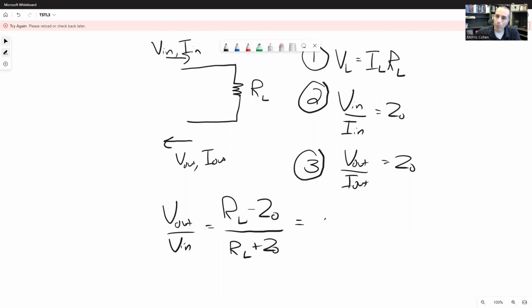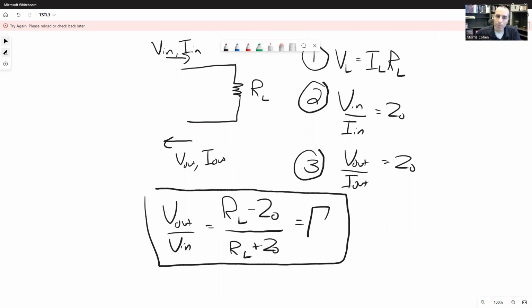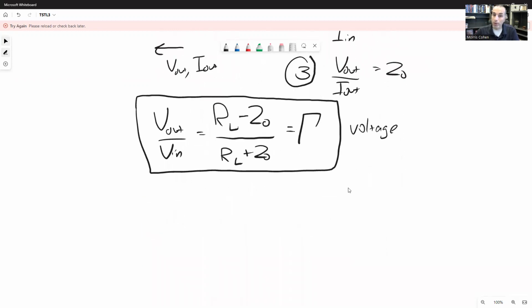This is definitely something worth memorizing. Again, this is the voltage reflection coefficient, usually denoted with a capital gamma. It works out to be the load resistance minus the transmission line impedance divided by the sum of those two. All right, this, again, is for voltage. If, by the way, you want to know what the reflection coefficient is for current, I'll save you the trouble of solving for that.